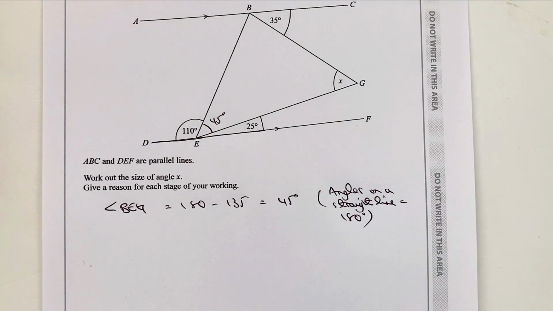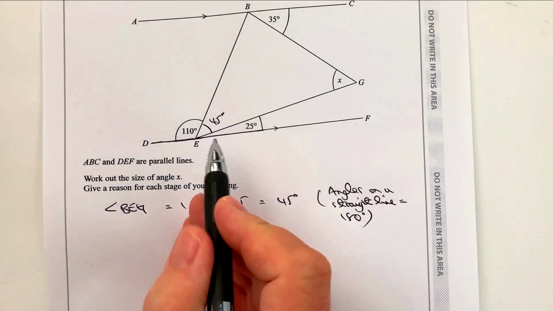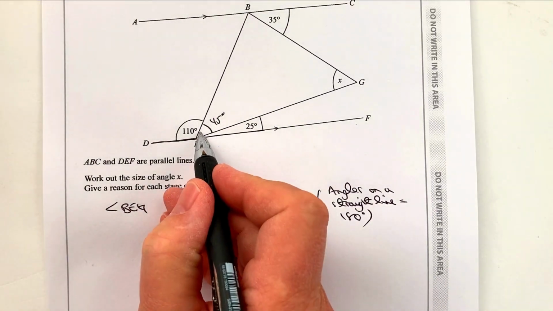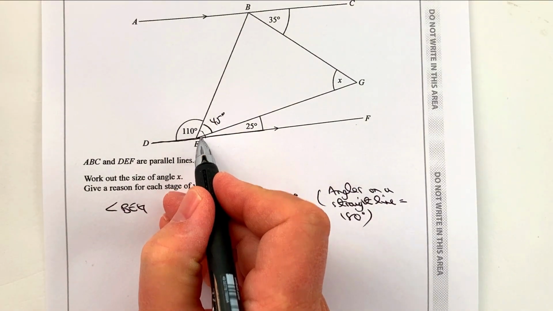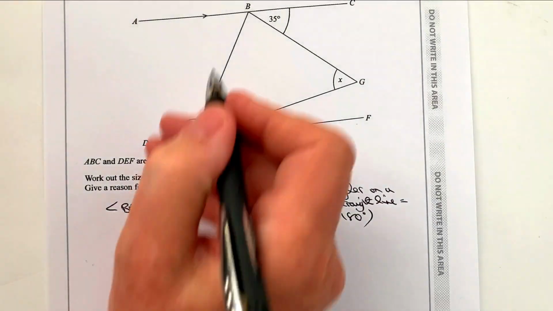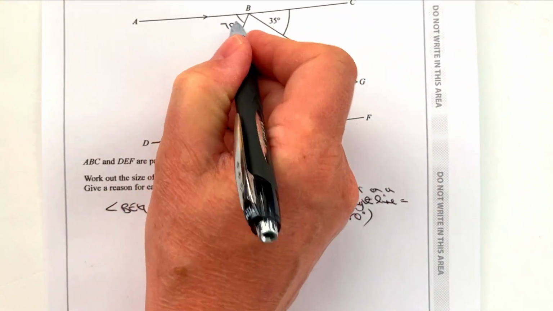All right, now the next one then is just a little bit trickier, and it's something that I guess you would need to spot, but bearing in mind that when you've got parallel lines, generally speaking, and again, I can't guarantee this, but generally speaking, there is some sort of alternate or corresponding angles. Now, if you see that actually 45 add 25 is 70 degrees, what it means then is that we can say that this angle is also 70 degrees.